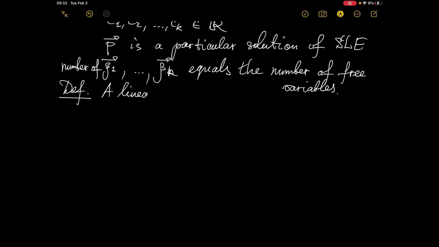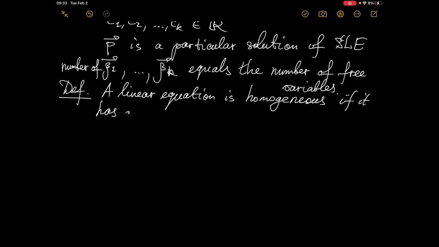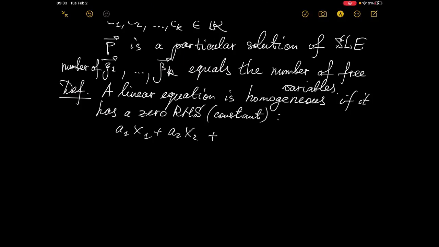A linear equation is homogeneous if it has a zero right-hand side or constant. Just like that.